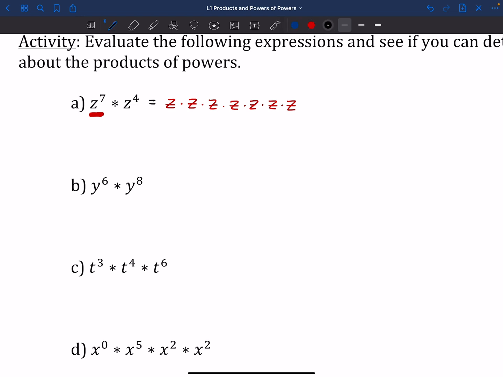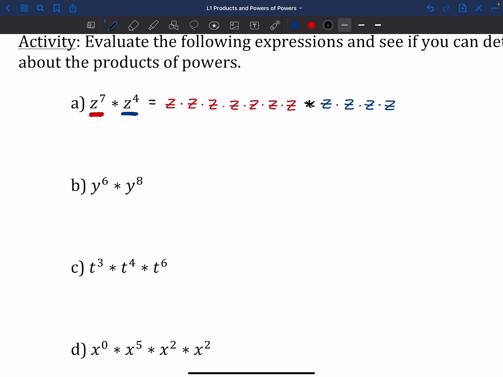After that, we've got our multiplication in the middle there, just like it was over on the left. And then we've got z to the 4th as our other piece, which is telling us the same thing. It's telling us that I have 4 z's, 1, 2, 3, 4, all multiplying each other there. So all the stuff in red is z to the 7th, all the stuff in blue is z to the 4th.